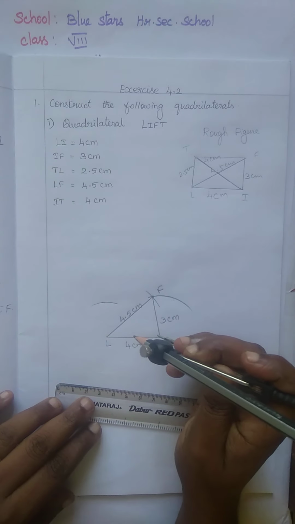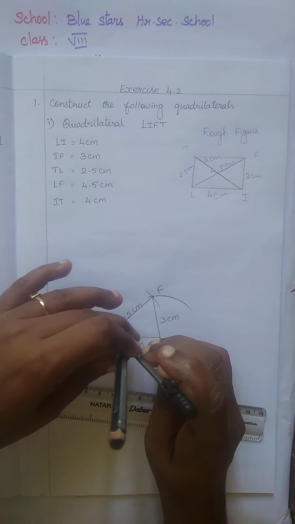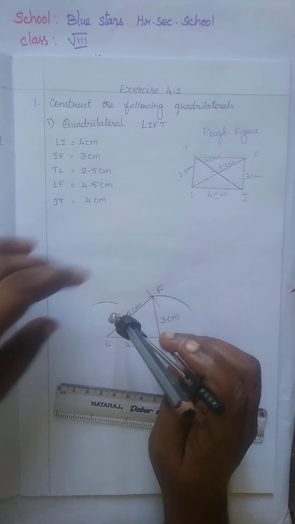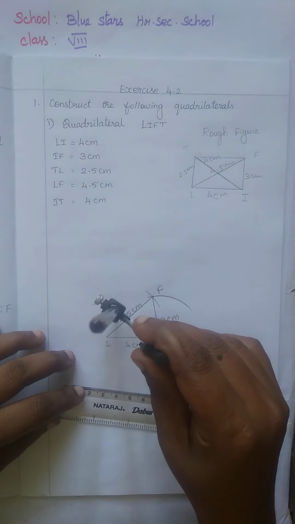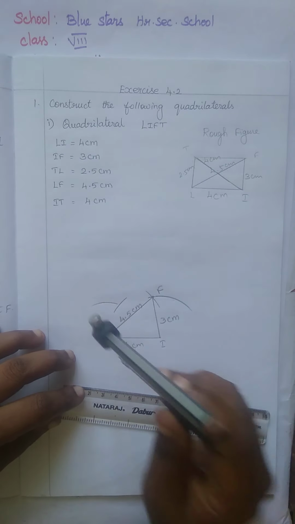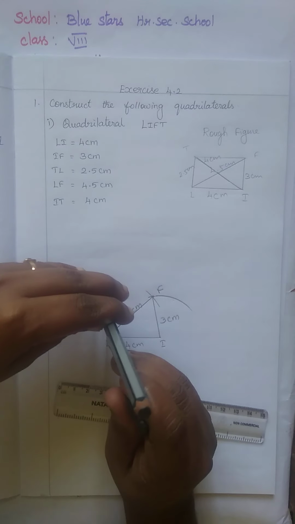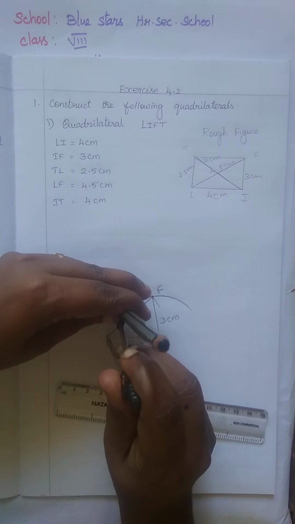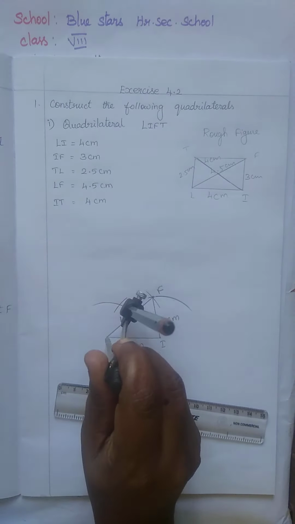Take 4 centimeter in your compass and draw an arc; here we need to extend this arc.